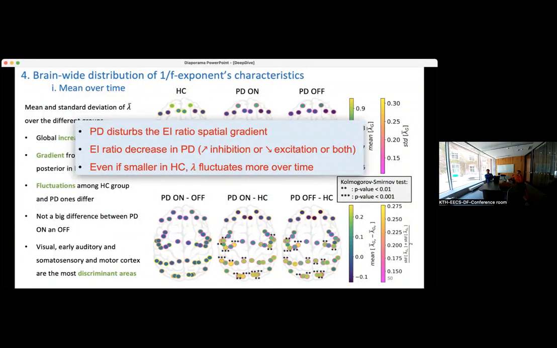And we also see that even though lambda is smaller in healthy control, the variance, which is the border, the variance over the group, is larger. So it fluctuates more in this group, which is kind of counterintuitive.